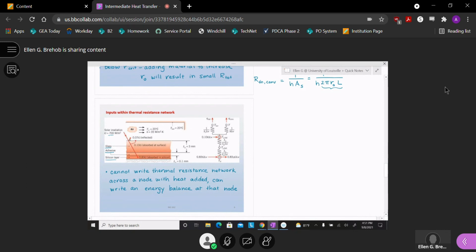Then they show this nice ray: 7% gets reflected, so never even heats up the surface. 10% gets absorbed at the surface, and the remaining amount makes it to the silicon material and gets absorbed in that silicon layer. Of that 83% of the solar irradiation, some amount gets converted to electricity, and some of it serves to heat up that silicon layer.